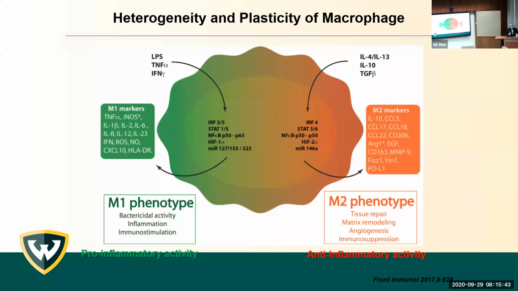There is a lot of heterogeneity and plasticity in macrophages, and this is a nice review by Professor Liao's team in Frontiers in Immunology, showing a summary of a very simplistic, but well-defined, two types of macrophages that exist in tissues.